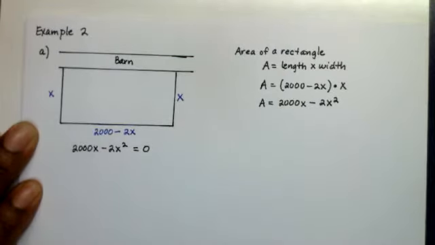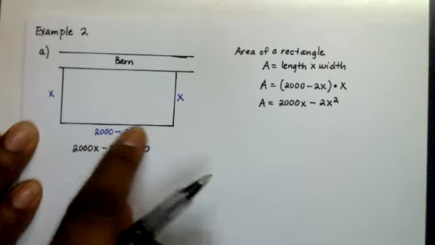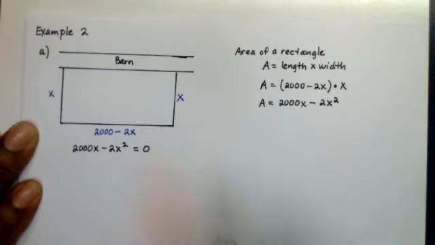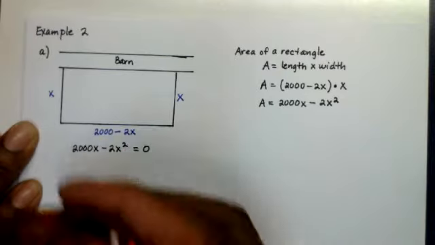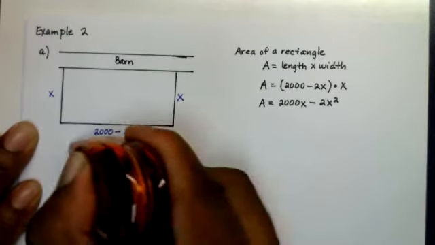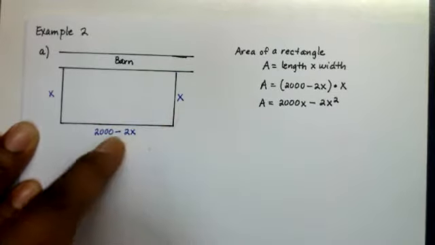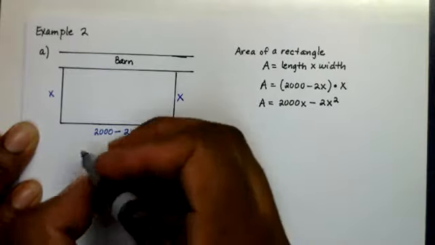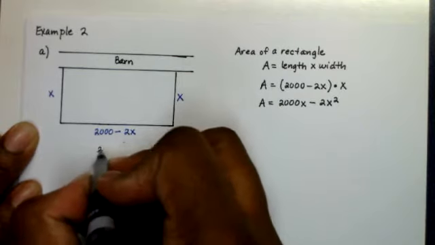Because at some point, my x values will be too big where this length right here will end up being negative, okay? I got a better idea. Instead of setting 2000x minus 2x squared to 0, let's just set this length right here of 2000 minus 2x.